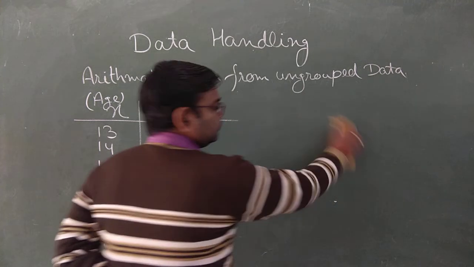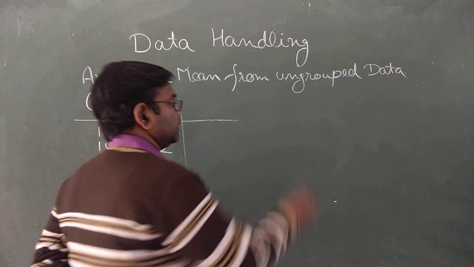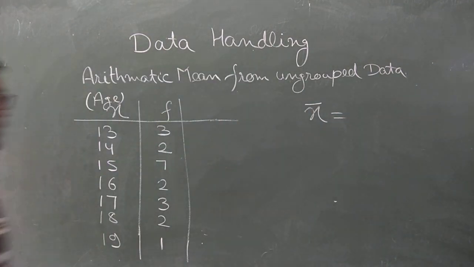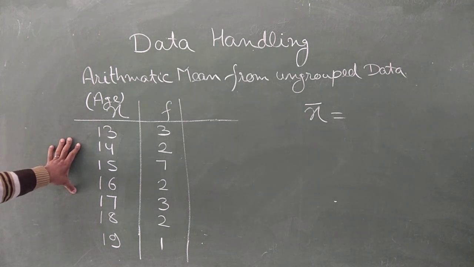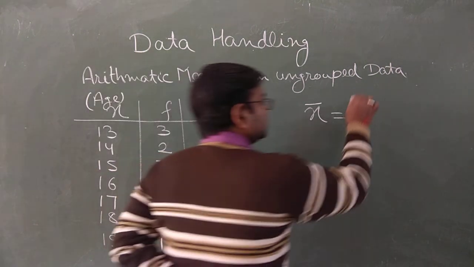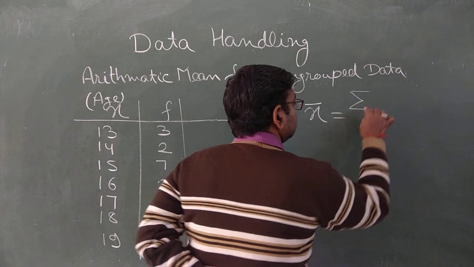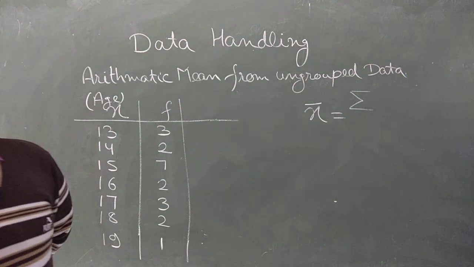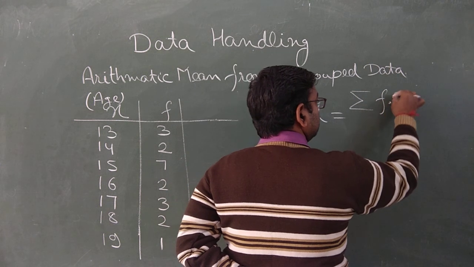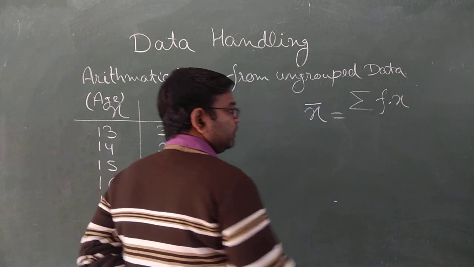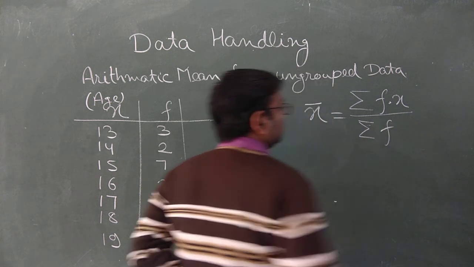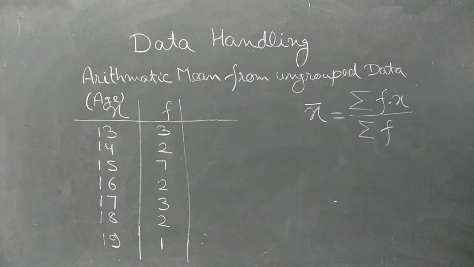So for the sake of uniformity, mean x bar is equal to, in this case where a frequency distribution table is given, sigma, capital sigma, which indicates the summation of the given quantity. The quantity is f into x. Summation of fx by summation of f, that is your frequency.